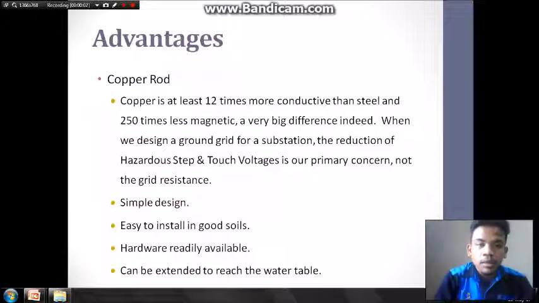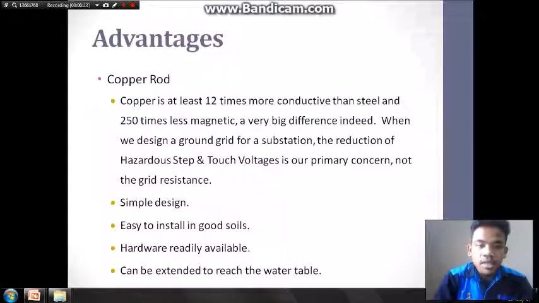Assalamualaikum. My name is Muhammad Kamal Amzar bin Kamal. I would like to present the advantages of the copper rod. The advantage of copper is that it is at least 12 times more conductive than steel and 250 times less magnetic. A very big difference indeed.